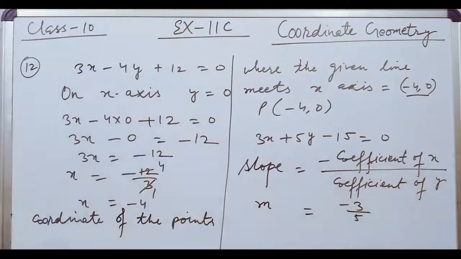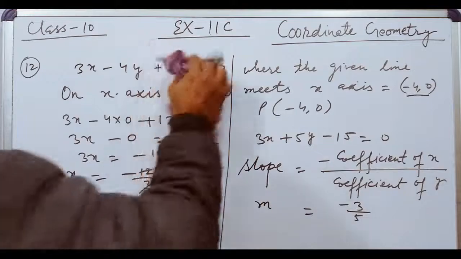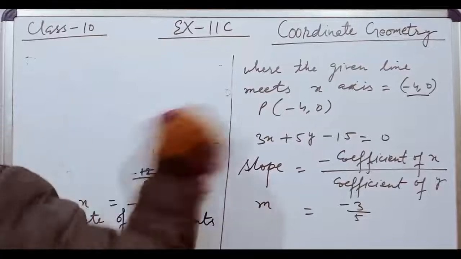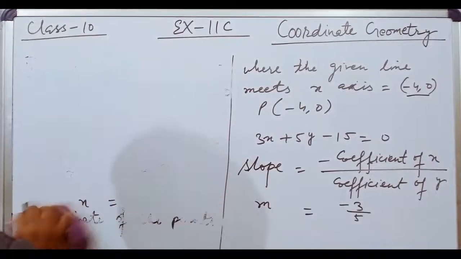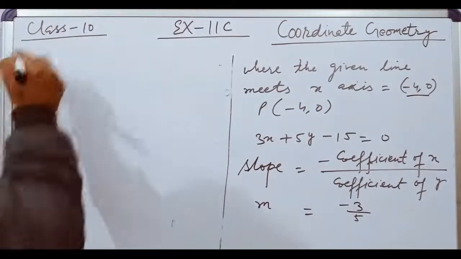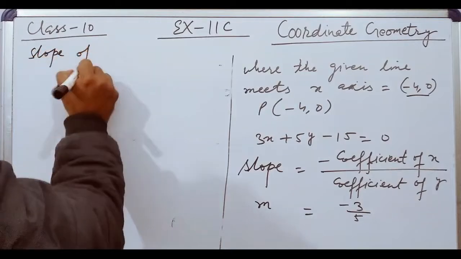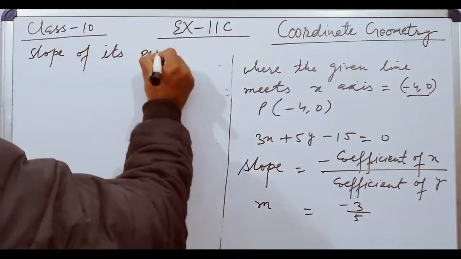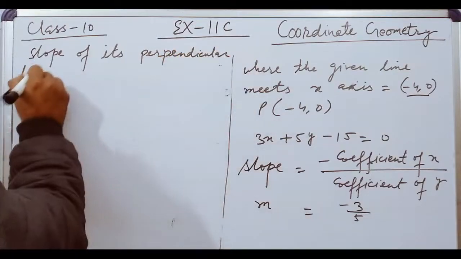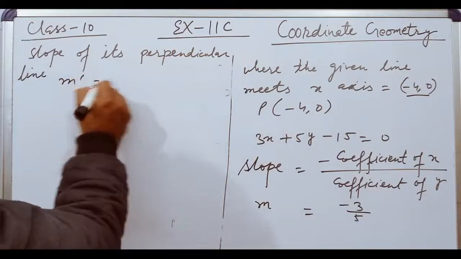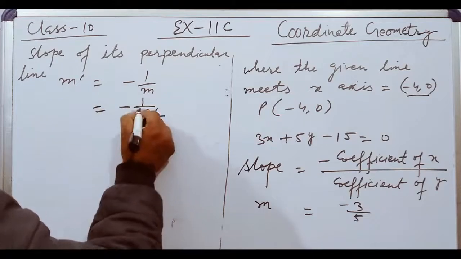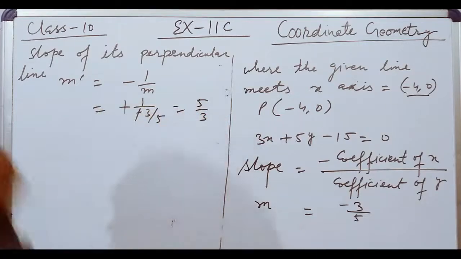Then the slope of its perpendicular line, m dash, equals minus 1 upon m, which is minus 1 upon minus 3 upon 5, so it is 5 upon 3.